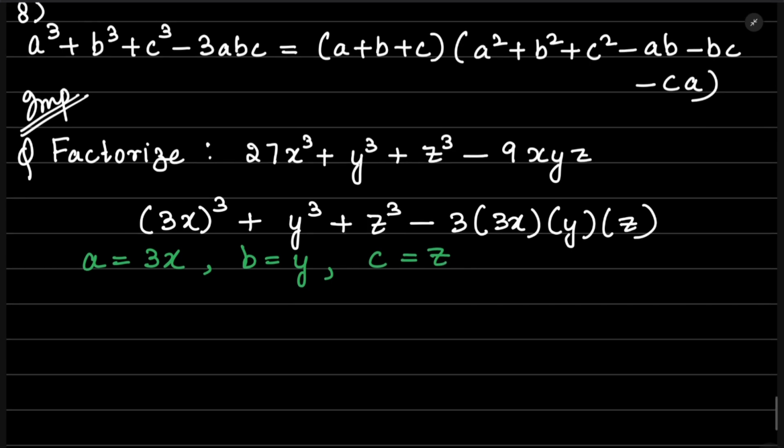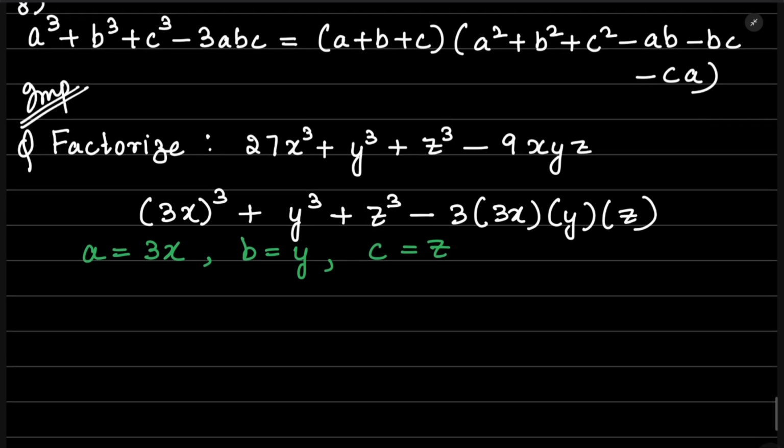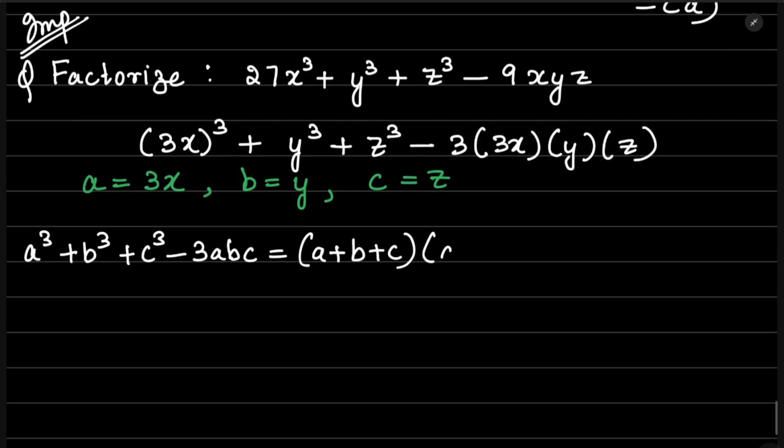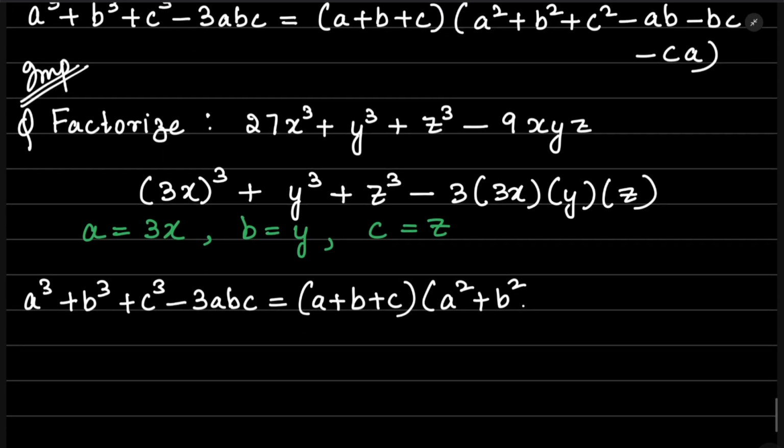Let's apply it in the formula. Let's write the formula again: a cube plus b cube plus c cube minus 3abc is a plus b plus c multiplied by a square plus b square plus c square minus ab minus bc minus ca.